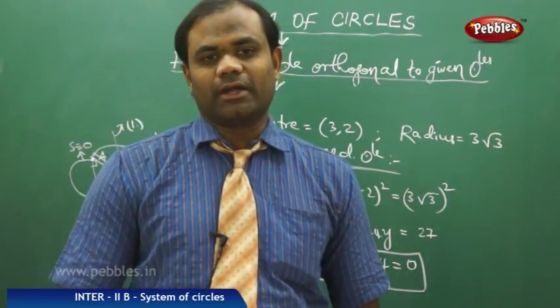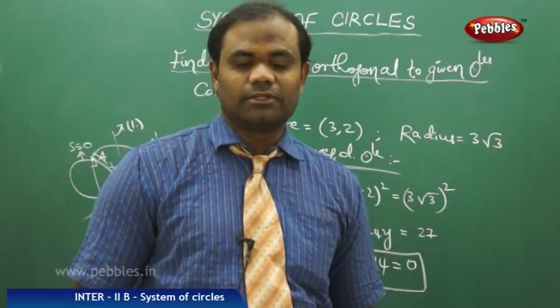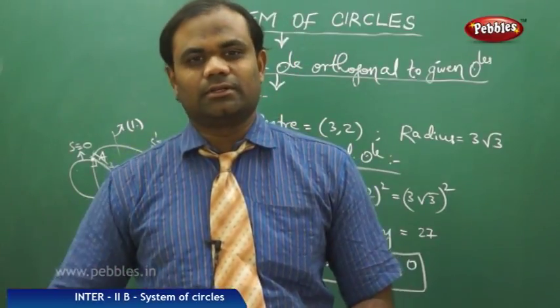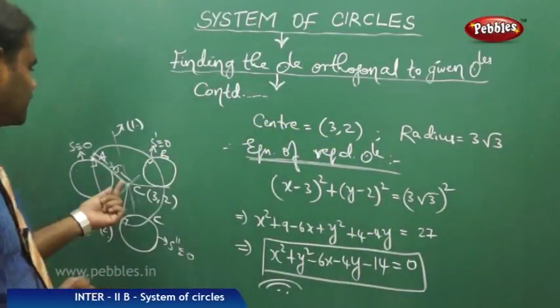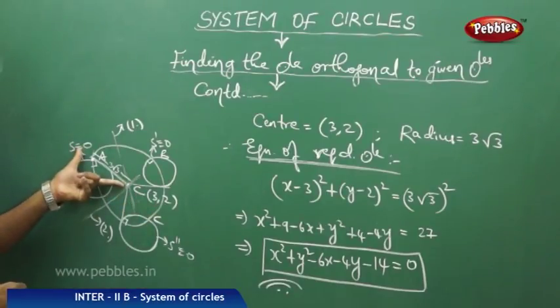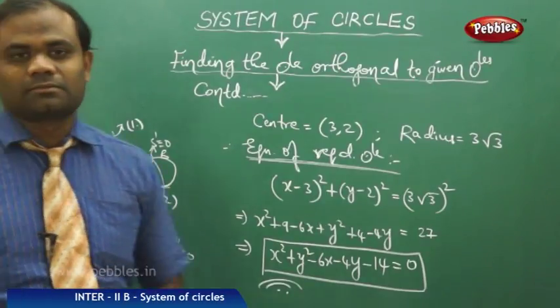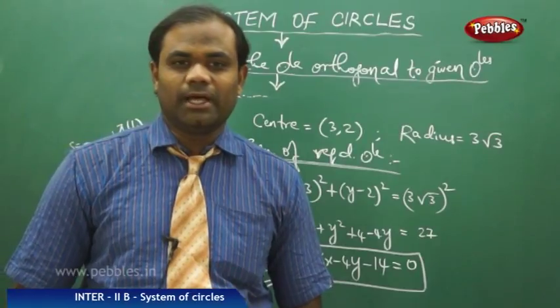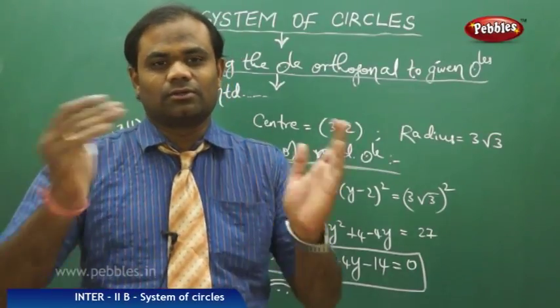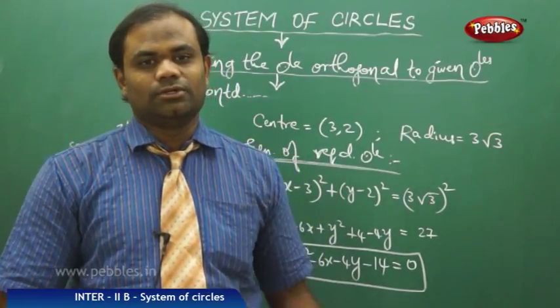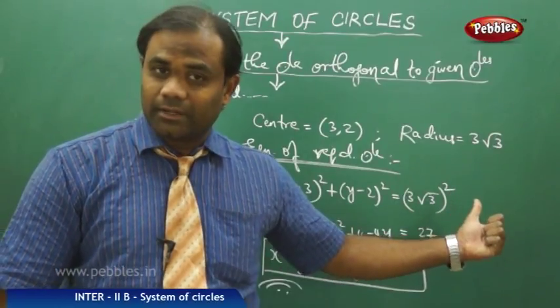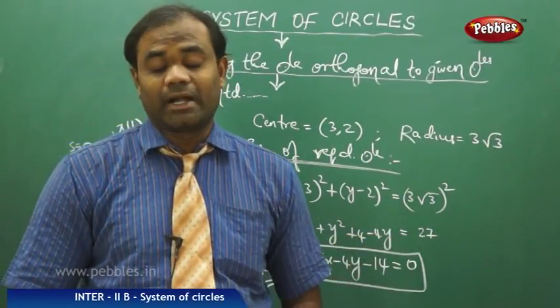So this is how we find the equation of a circle which is orthogonal to all the other 3 circles, by finding the radical center and the radius, which is the length of tangent. So geometrical property helps in finding a circle orthogonal to all 3 circles using the length of tangent and the radical center of the radical axes.